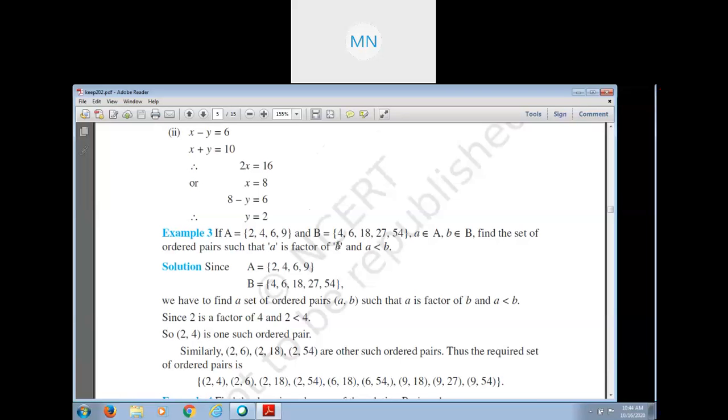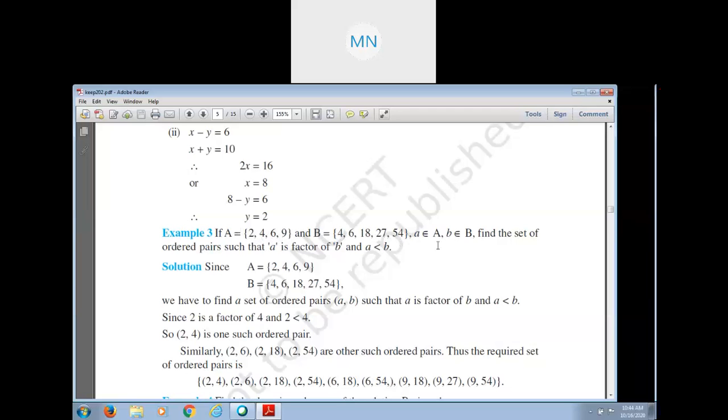So we can say that this is also a relation. If we find the ordered pairs of A and B, we can start from 2. Now, A has the elements 2, 4, 6, 9, and B has the elements 4, 6, 18, 27, 54.